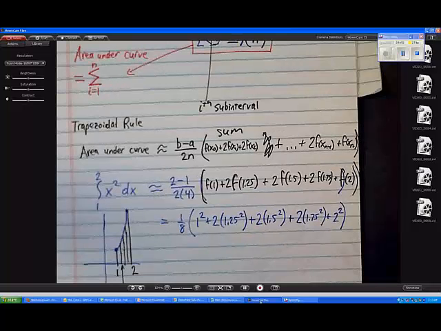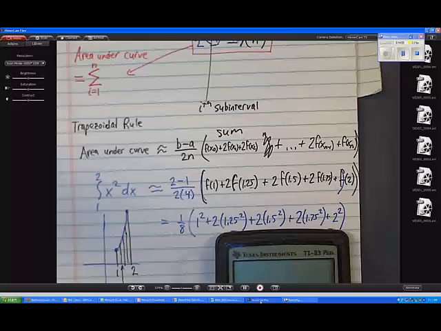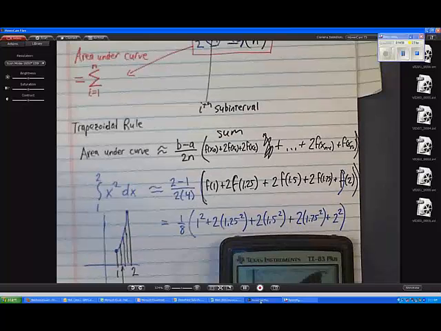Okay, let's use our calculator at this point. So let's see. 1 squared plus 2 times 1.25 squared plus 2 times 1.5 squared plus 2 times 1.75 squared, and then at the end just plus 2 squared.